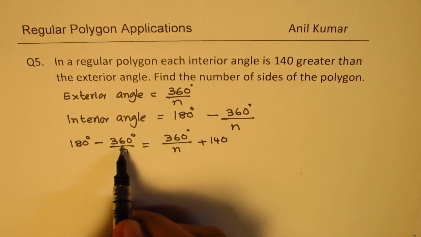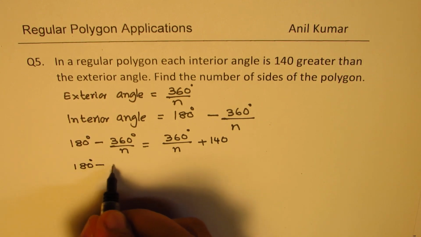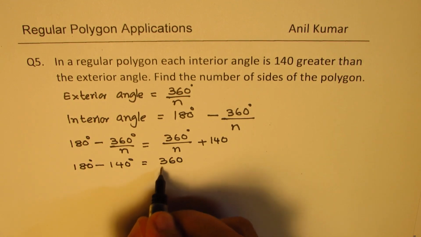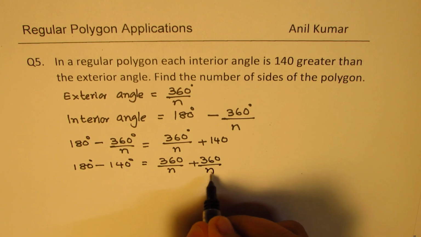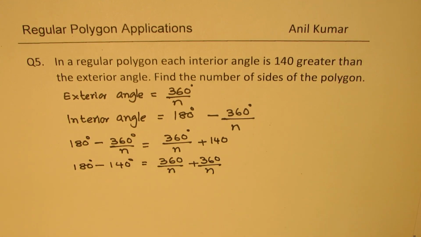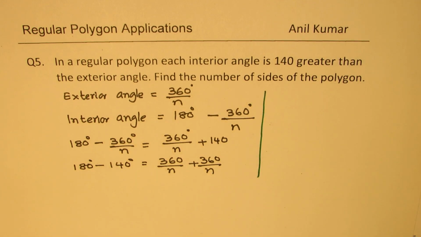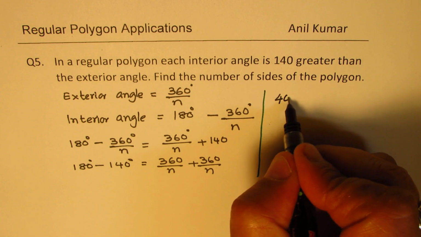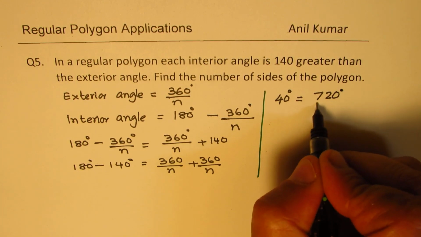So we can bring this to the right side, that to the left side. So we get 180 degrees minus 140 degrees is equal to 360 over n plus 360 over n, which is 720, correct? So let's solve it. 180 minus 140 is 40 degrees is equal to 720 degrees over n.